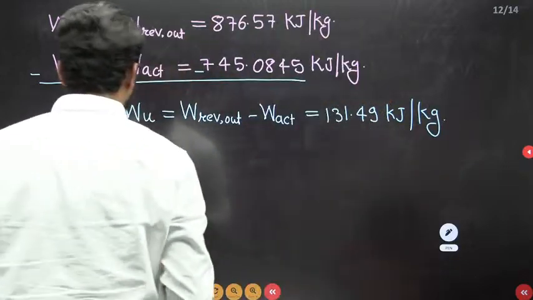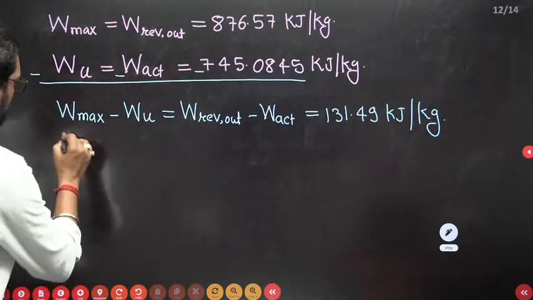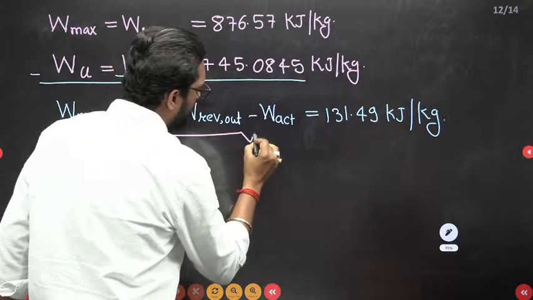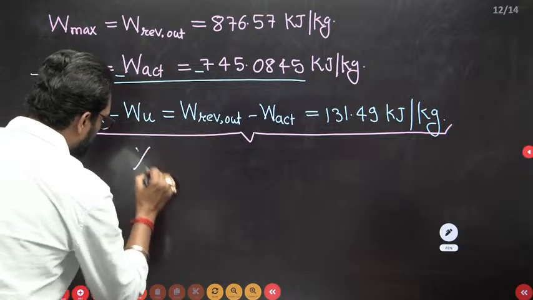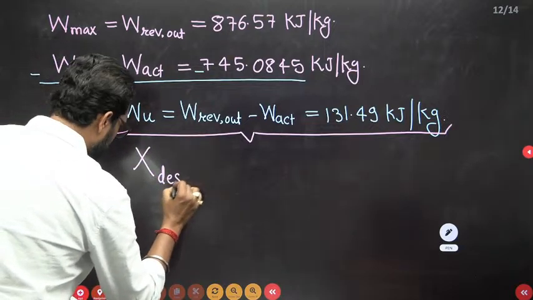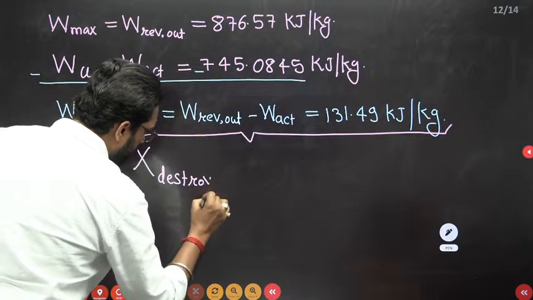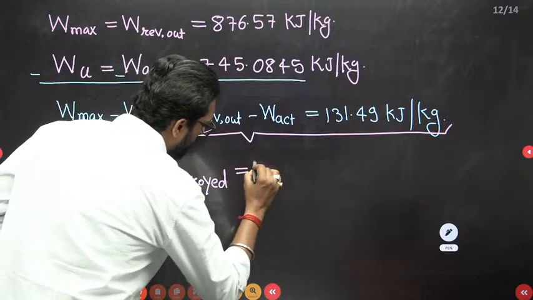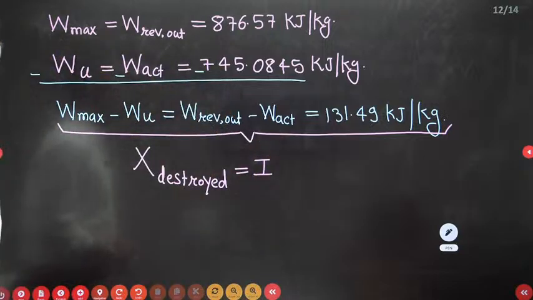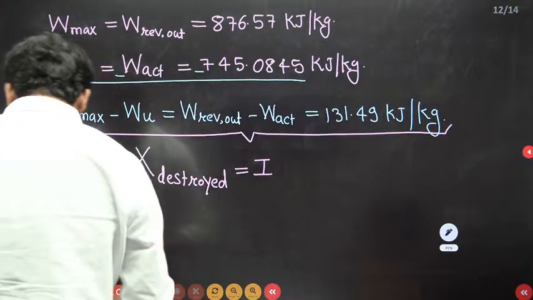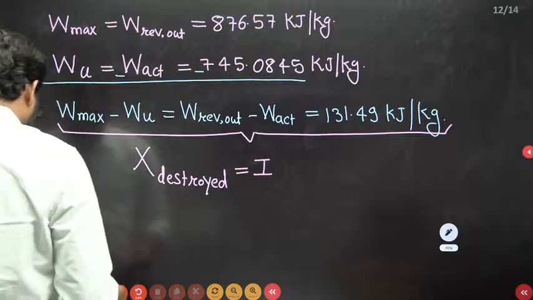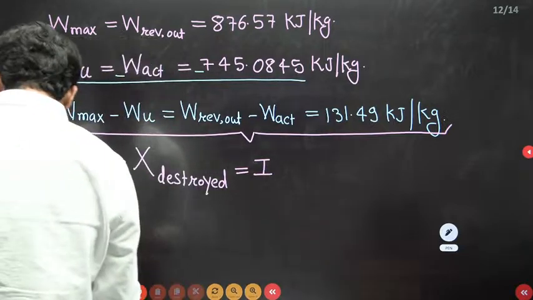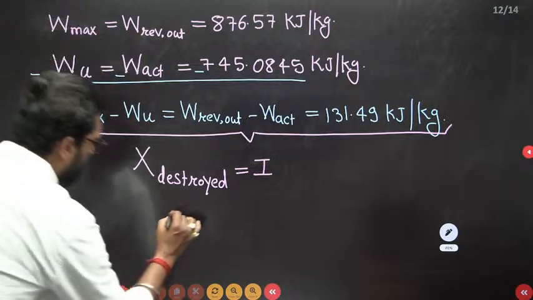This is what, beta? Please tell me. That means this is your exergy destroyed, or that is called irreversibility. That means the potential to produce useful work is wastage. That means, what is meant by this one?